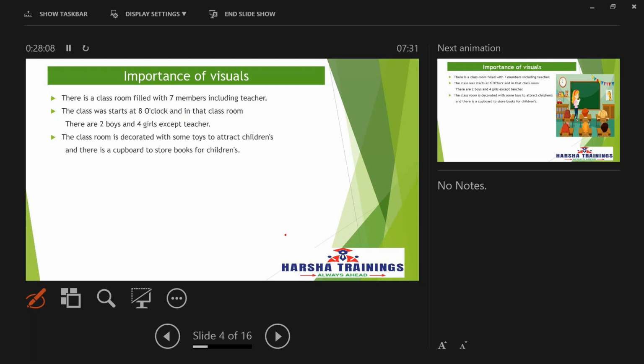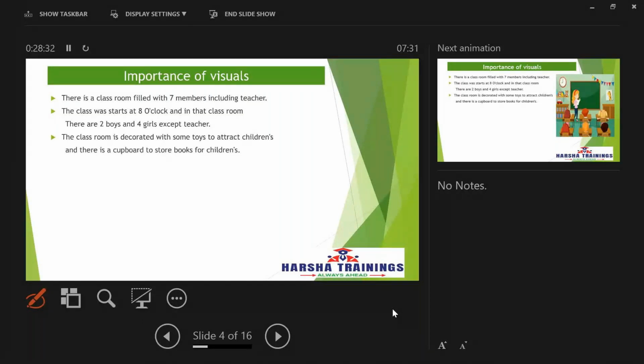And there is a cupboard to store books for children. Now we have some requirements. What are those? Why did I mention 8 o'clock? One thing. And apart from that, who is the teacher, whether the teacher is male or female.